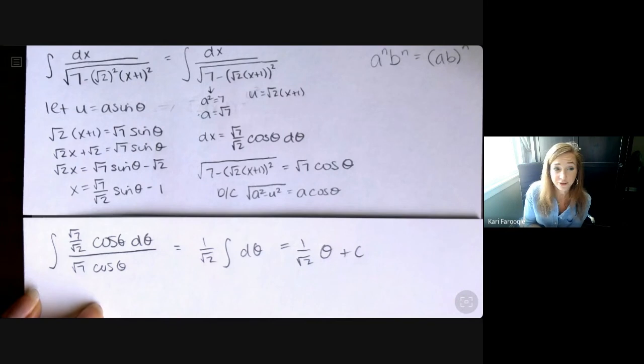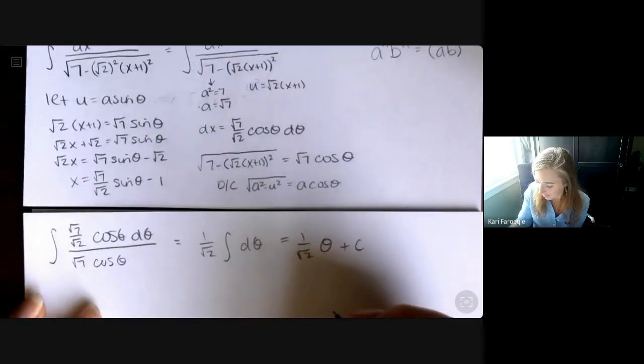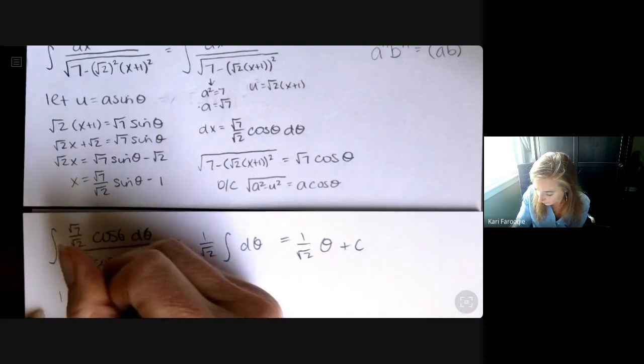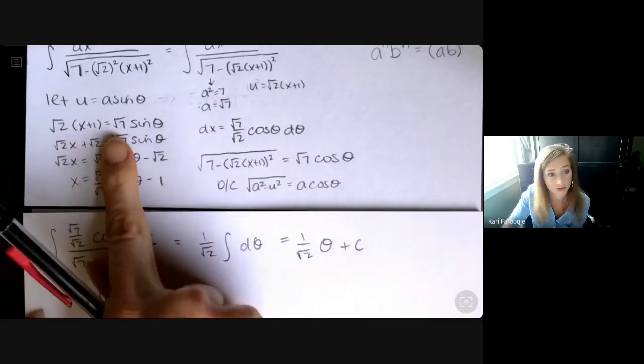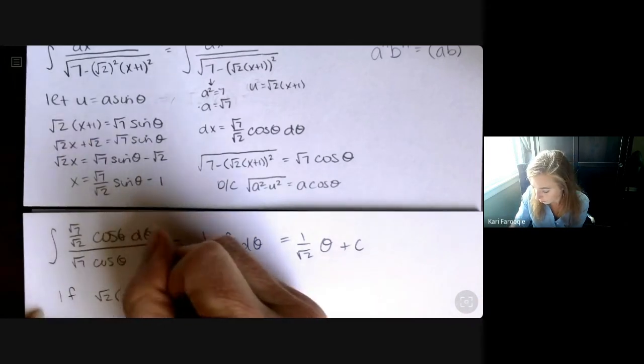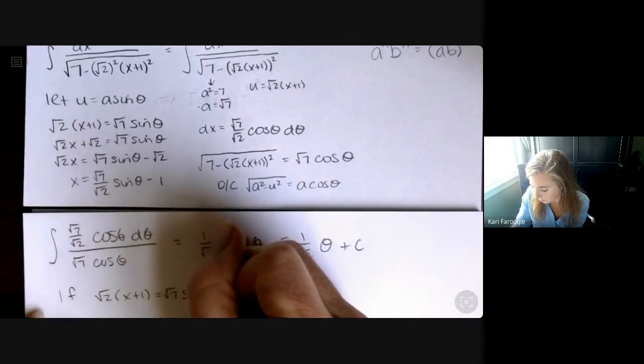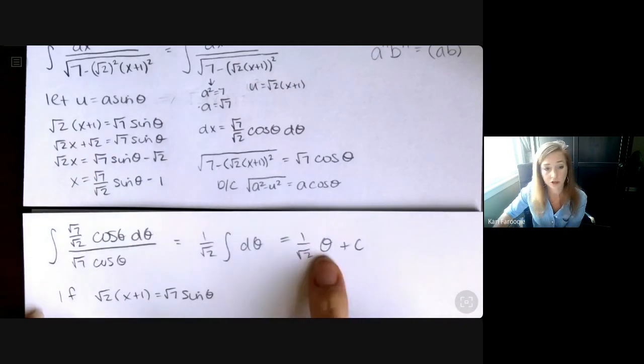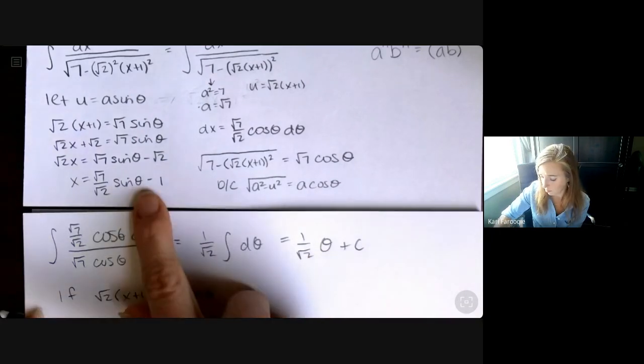And now you just need to find theta. No big deal, right? Okay, so I'm going to go back to this substitution right here. The square root of 2 times x plus 1 equals the square root of 7 sine theta. We need to get a theta out of this. We're going to get everything back in terms of x, whether you want to use it here or there.